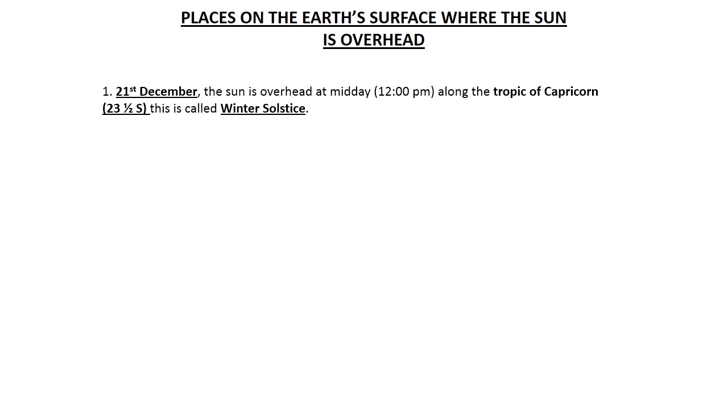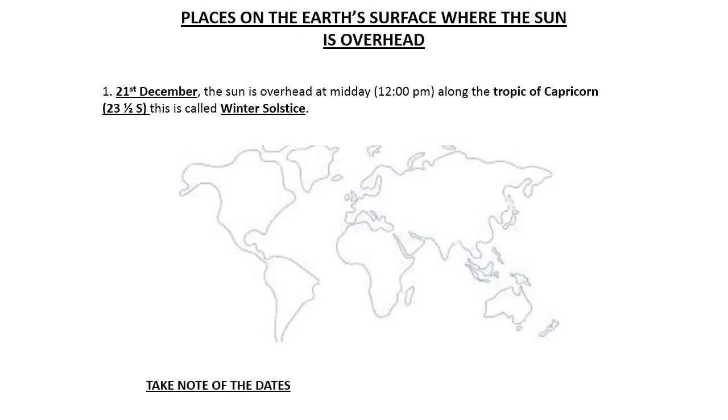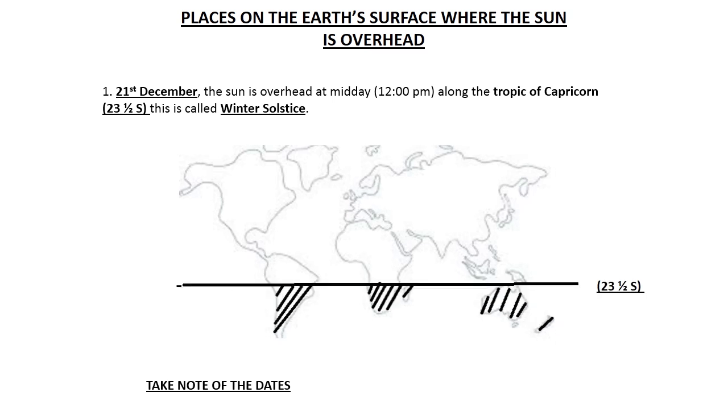So on 21st December, the sun is overhead in the southern hemisphere, Tropic of Capricorn. So here in Zambia, the sun is directly overhead in December, around 12 hours.